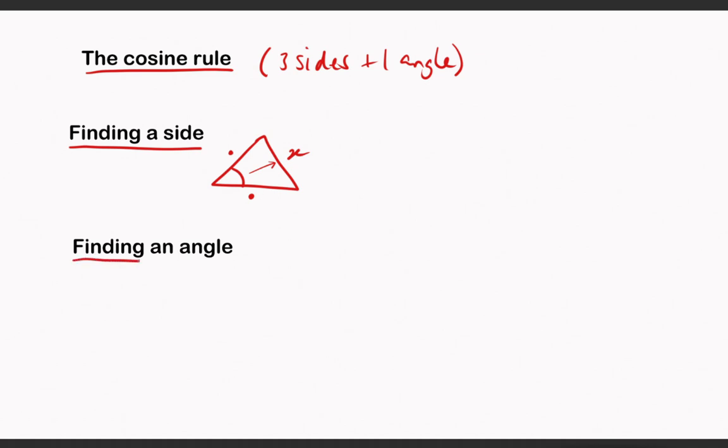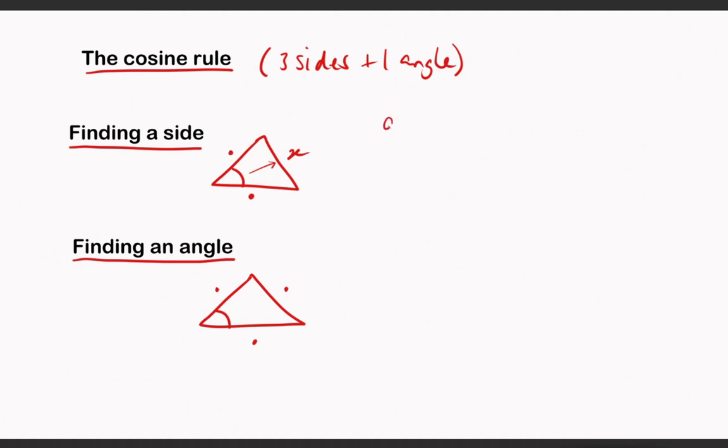What about when you're finding an angle? Well, when you've got this triangle and you are looking for this angle, then you can see three sides and one angle. We will have to know the lengths of the three sides. So if you know the lengths of the three sides of a triangle and you're trying to find one of the angles inside, then that's another case where you use the cosine rule.